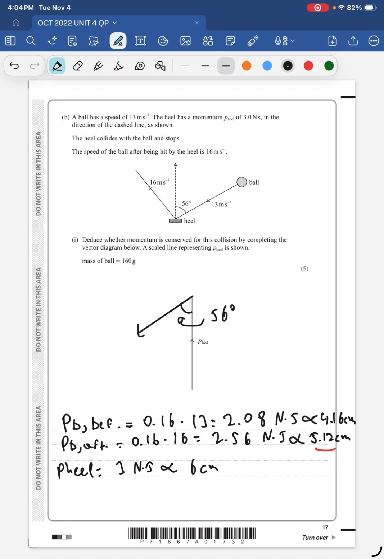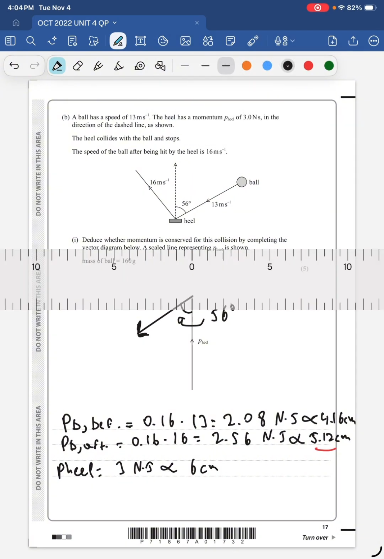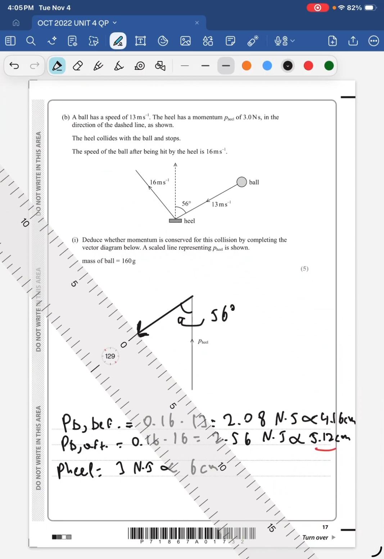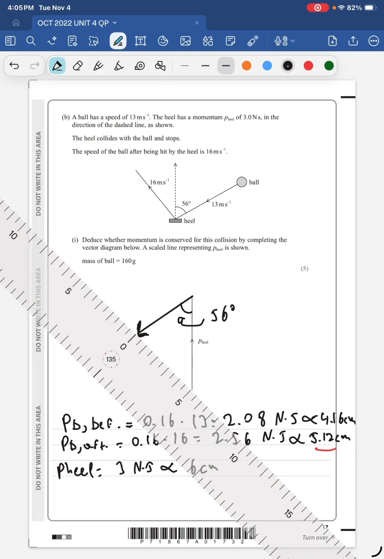Before it was 34 because it measures with respect to this angle. So anyway, now if we bring back the ruler, I hope I haven't confused you or lost you so far. If we bring back the ruler and measure this, I bet you it's 5.1. And yes, it is. You see how it works?